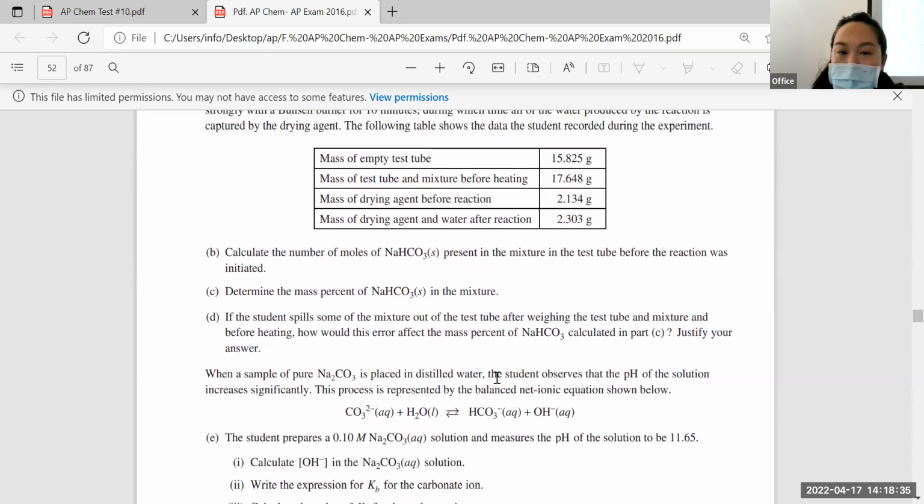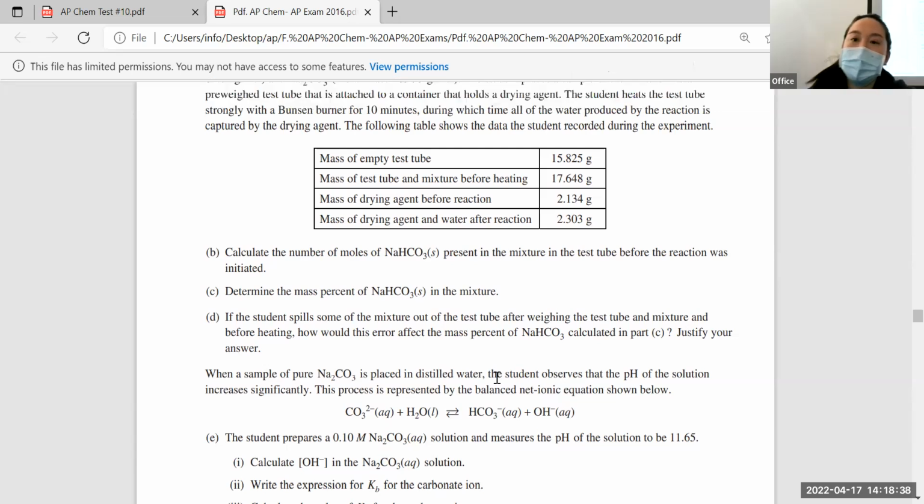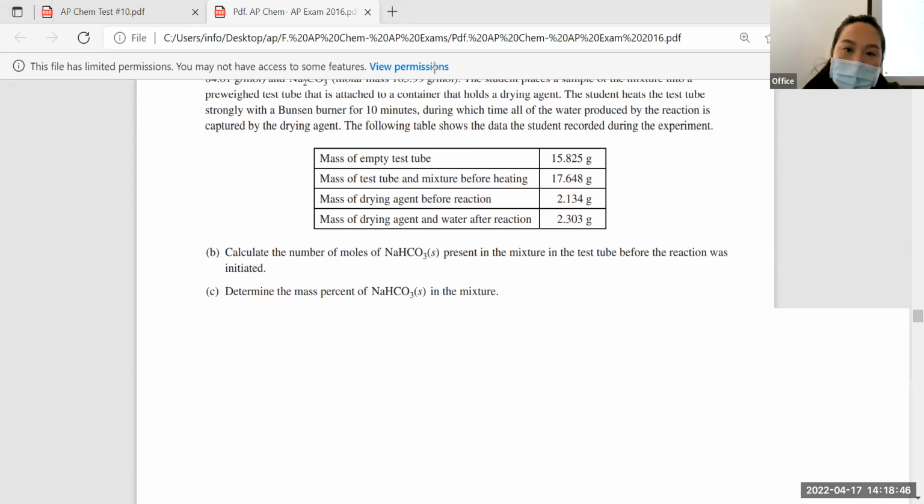Part C, determine the mass percent. So pretty much we need to find the mass of our sodium bicarbonate. I just found the moles, right? 0.0188 moles.